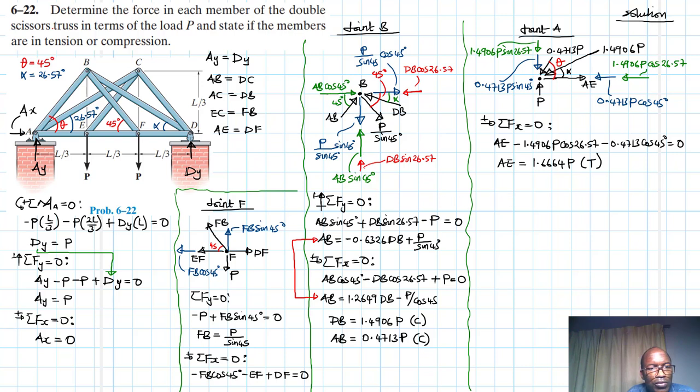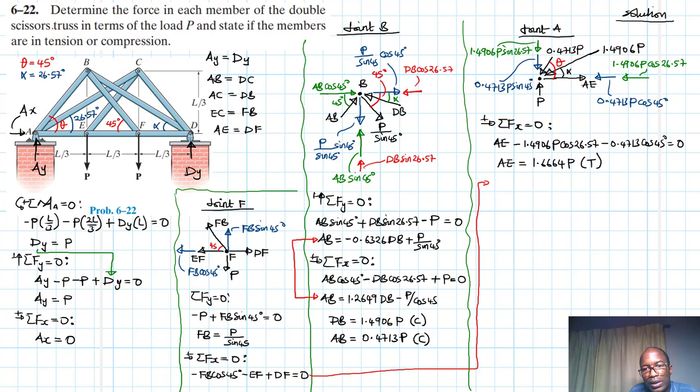So what we need to find now, since we said AE is equal to DF, we'll get this equation. Remember this equation, this one here. I'll just draw an arrow here. We'll get this equation and bring it here to solve.